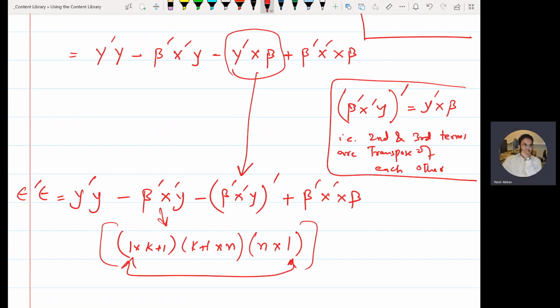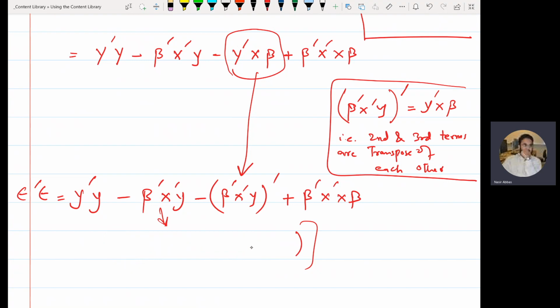Now what is the transpose of a 1 by 1? The same thing. The transpose doesn't apply if it is a scalar quantity, correct? If it's just a 1 by 1, the transpose will be the same thing. So if I put the transpose on this thing or I don't put the transpose on this thing, it's the same thing.